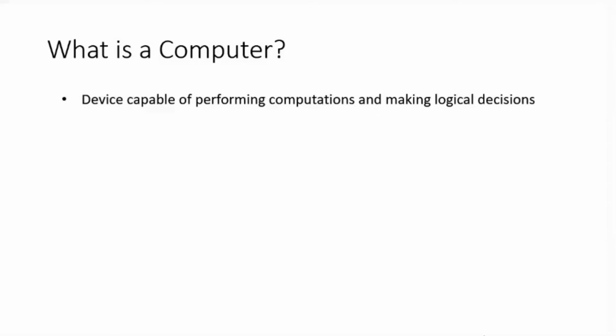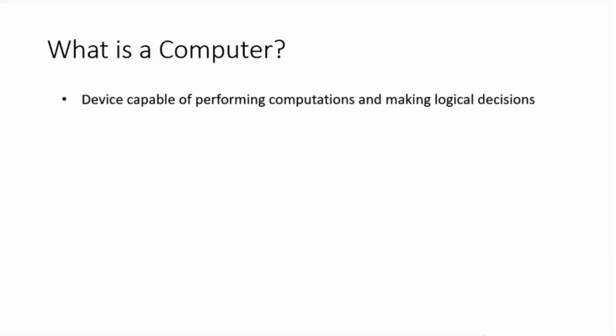So a computer is a device which is capable of performing computations and making logical decisions. This is one of the basic definitions. Actually, the computer is an electronic device which is capable of performing computations and making logical decisions.